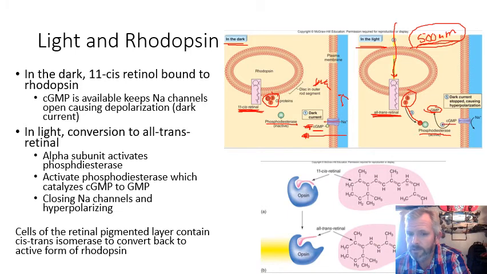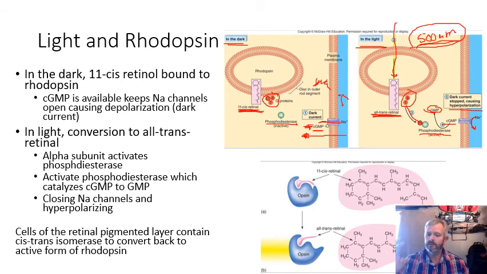Cyclic GMP was holding my sodium channel open to allow sodium in. Now with sodium not being allowed in, my cell can hyperpolarize, and now I'm not sending neurotransmitter. It cuts off by hyperpolarizing.